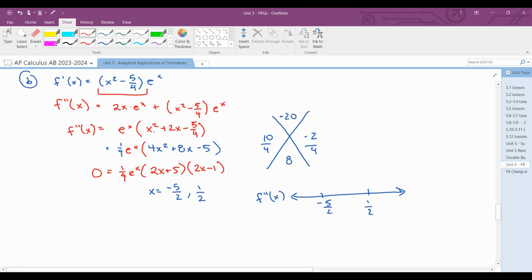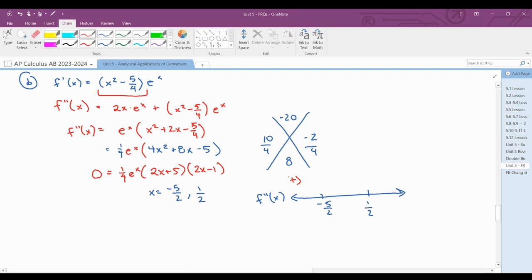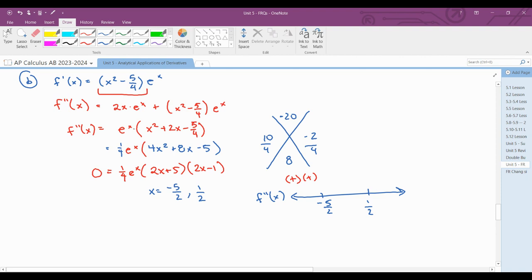So you'd get negative 1,000 squared which is going to be a big number, and then minus 2,000, which isn't going to be enough. So it'll be positive and positive, because e to the negative 1,000 is still positive. So here we get a positive.